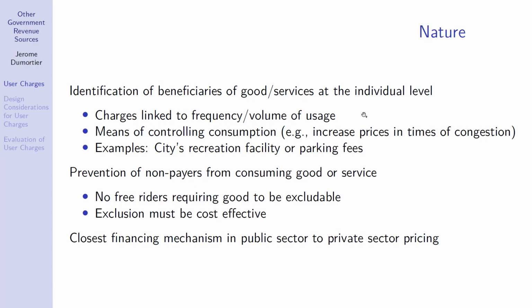This comes back to one of the first lectures where we talked about the role of government: the good needs to be excludable, in the sense that you can exclude people from using the good. But of course, the exclusion must be cost effective. Note that user charges are the closest financing mechanism in the public sector to private sector pricing, in the sense that you are purchasing the good.